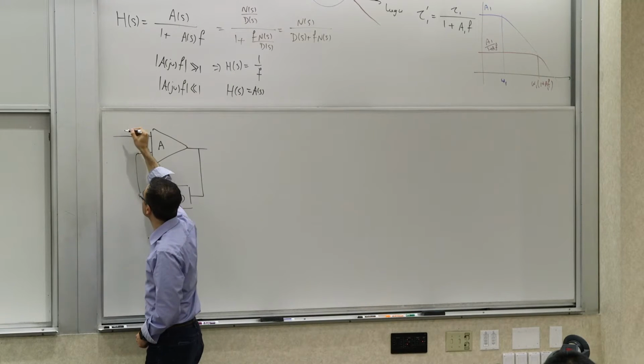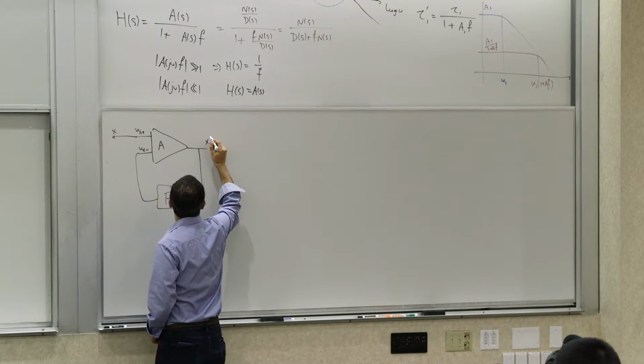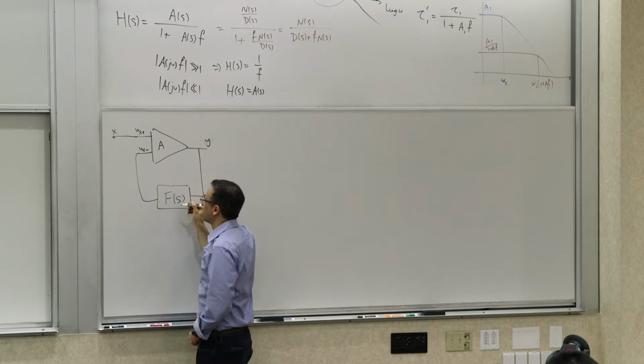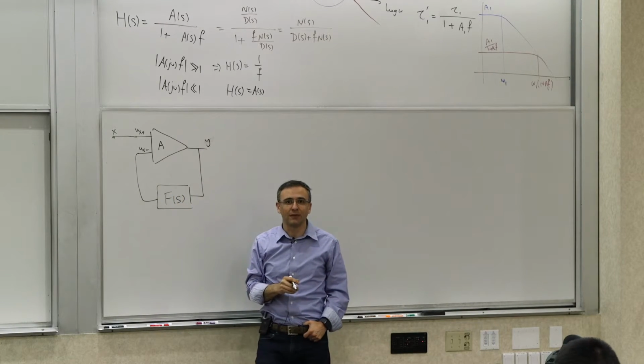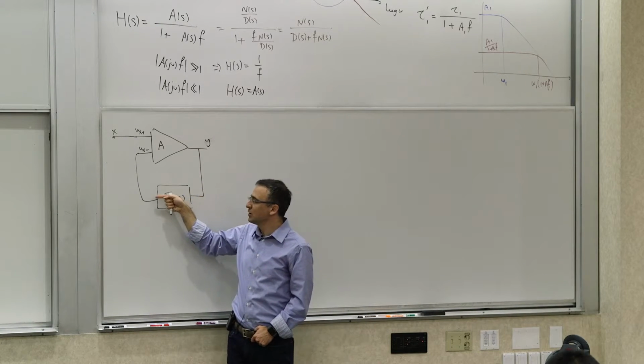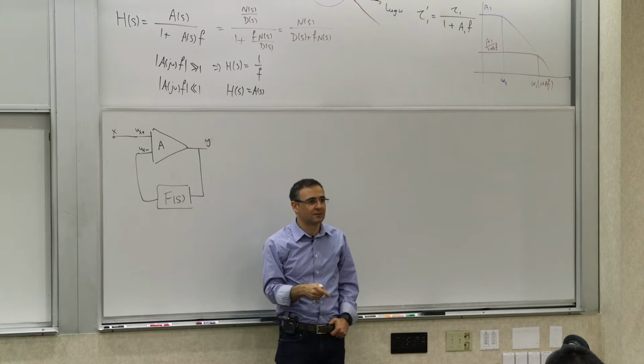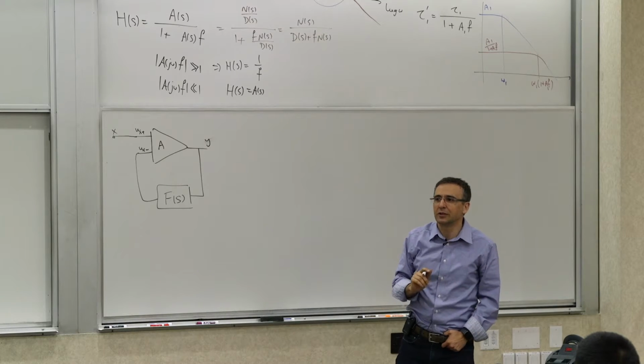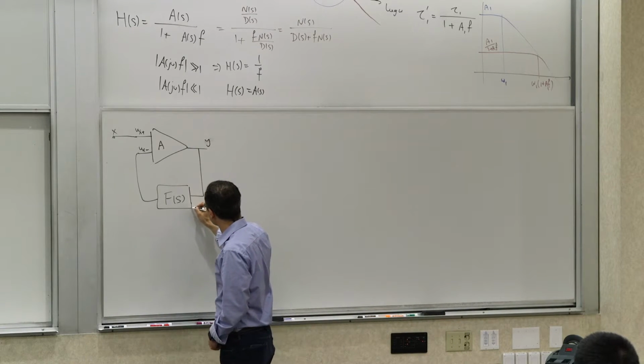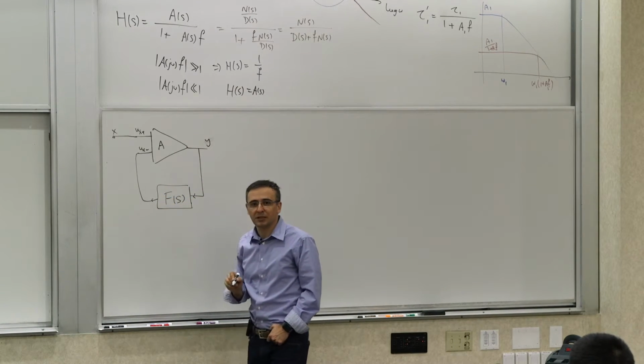Let's say it's a linear system, and it has some sort of a transfer function, f of s. So you put something into here, you get a transfer function. This transfer function, of course, is from right to left, right? Because we are still assuming unilateral, and we'll come back to bilateral later. So the signal's going that way.